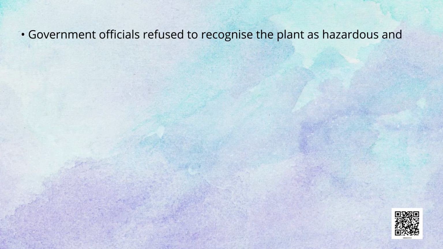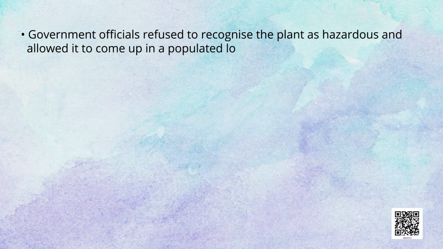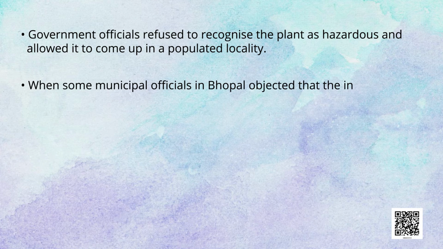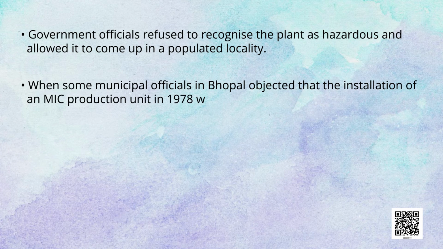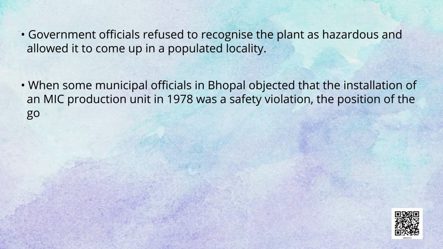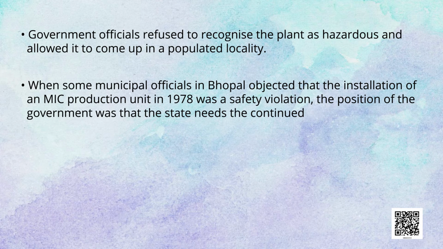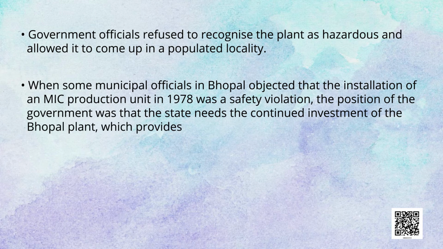Government officials refused to recognize the plant as hazardous and allowed it to come up in a populated locality. When some municipal officials in Bhopal objected that the installation of an MIC production unit in 1978 was a safety violation, the position of the government was that the state needs the continued investment of the Bhopal plant, which provides jobs.